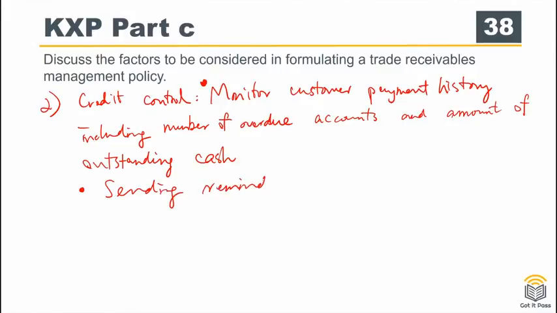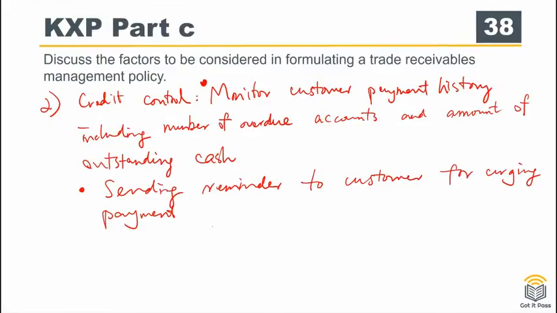credit control needs to send a reminder to customer for urgent payment. Sending reminder is one of the jobs of credit control, and there's a flow.